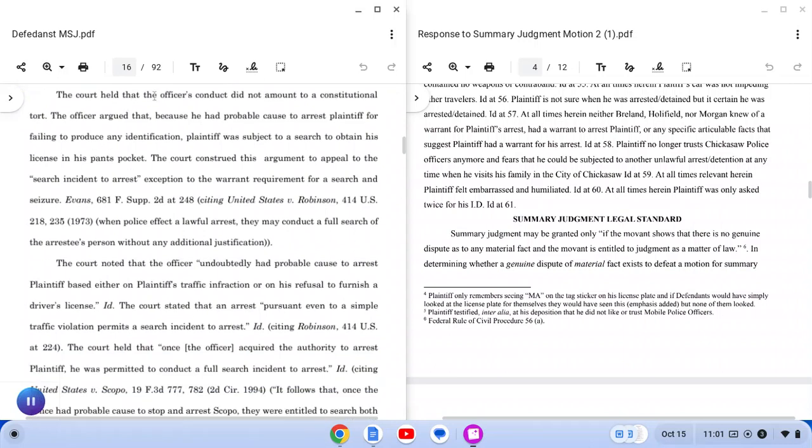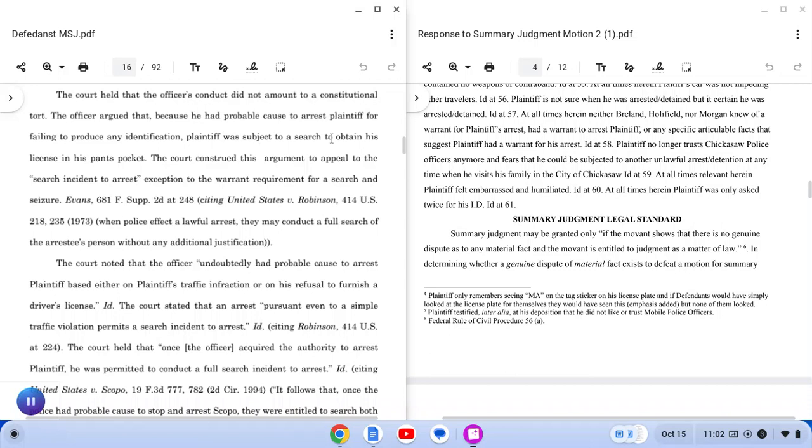The court held that the officer's conduct did not amount to a constitutional tort. The officer argued that because he had probable cause to arrest plaintiff, notice that he had probable cause, he had a lawful purpose to arrest plaintiff for failing to produce any identification, plaintiff was subject to a search. So what they're saying is if there's a lawful purpose for the police officer arresting you or detaining you, then they can search you.